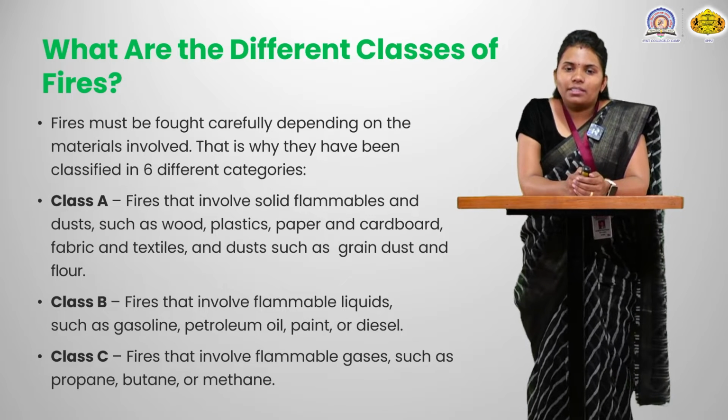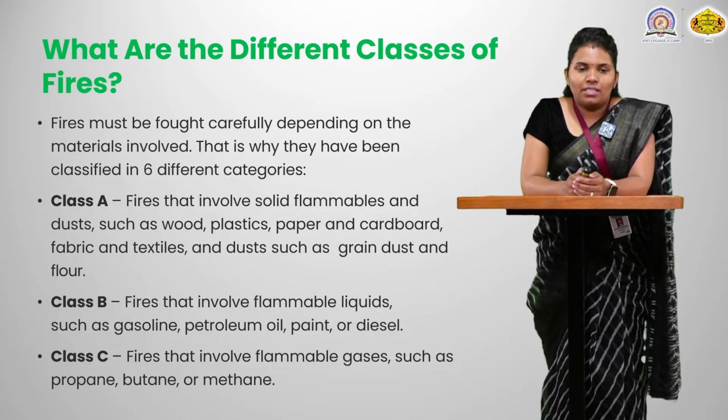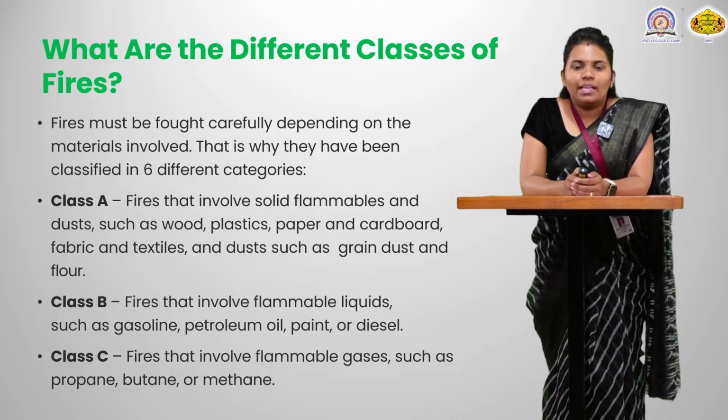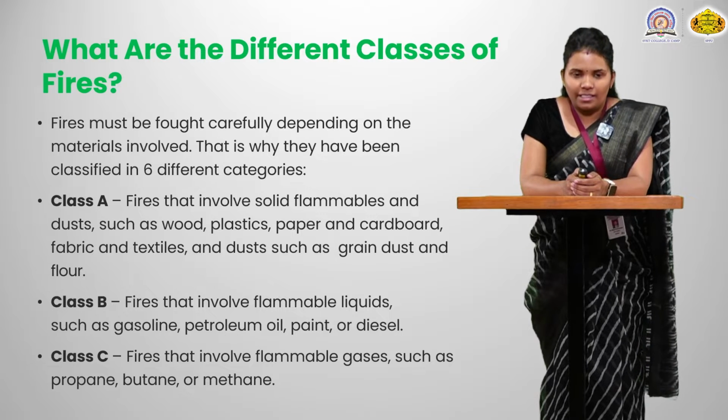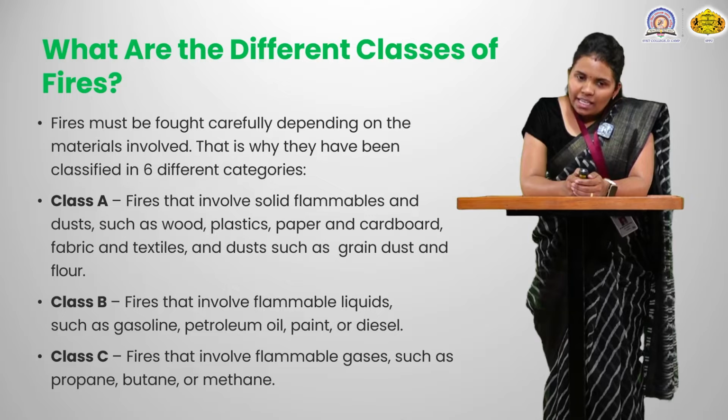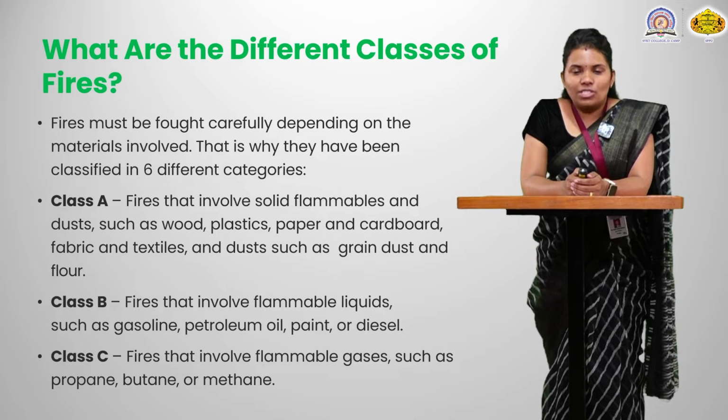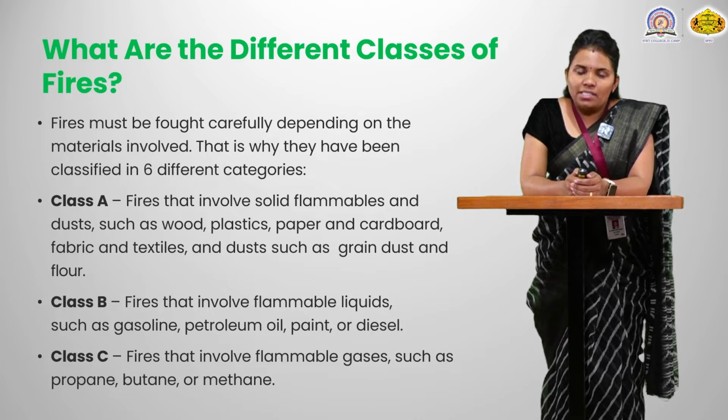So what are the different classes of fires? Fire must be fought carefully depending upon the materials involved. That is why fires have been classified into 6 different categories. See here, class A: fires that involve solid flammables and dust, such as wood, plastic, paper, cardboard, fabric, textile, and dust such as grain dust and flour.